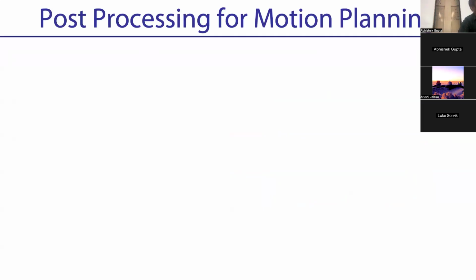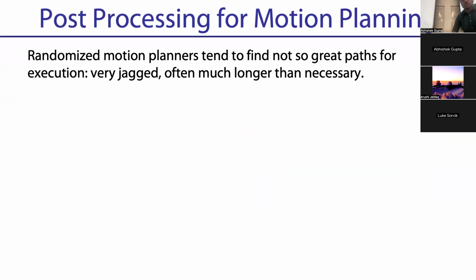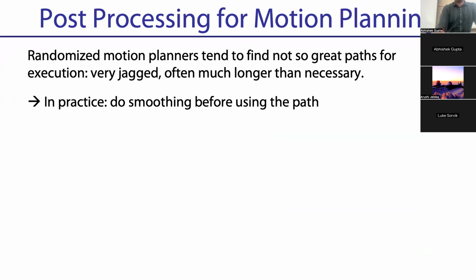Alrighty. When you do motion planning, you often do a post-processing step. Even RRT star still has some jagged parts, and so after you've done planning, you often do this post-processing step, which tries to make the paths as smooth as possible. And so before using a path, you often post-process it.